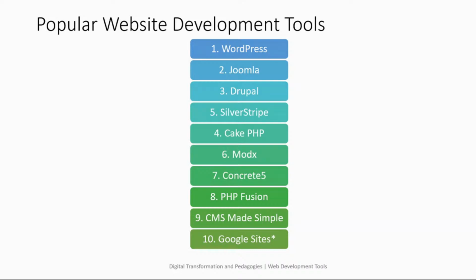I won't be going through each and every tool because they have a bit different flavor, but the way they are used, the process, is almost similar. They provide different widgets and different kinds of navigation while building the website.